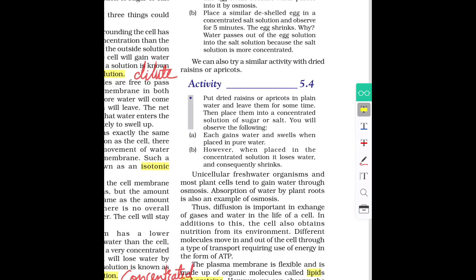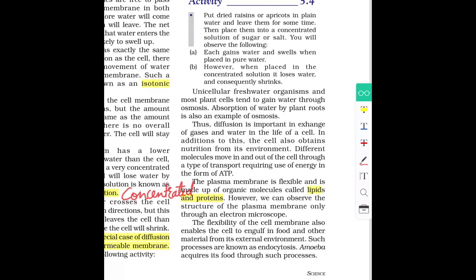The flexibility of the cell membrane also enables the cell to engulf food and other material from its external environment. Such processes are known as endocytosis. Amoeba acquires its food through such processes.